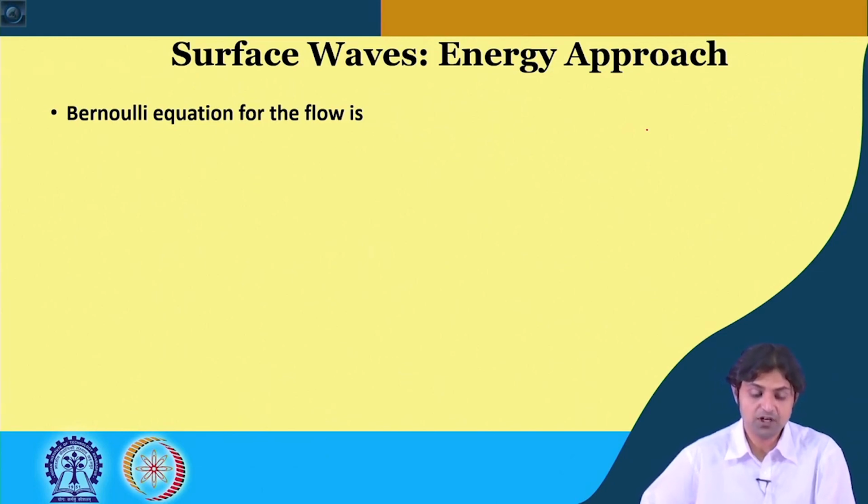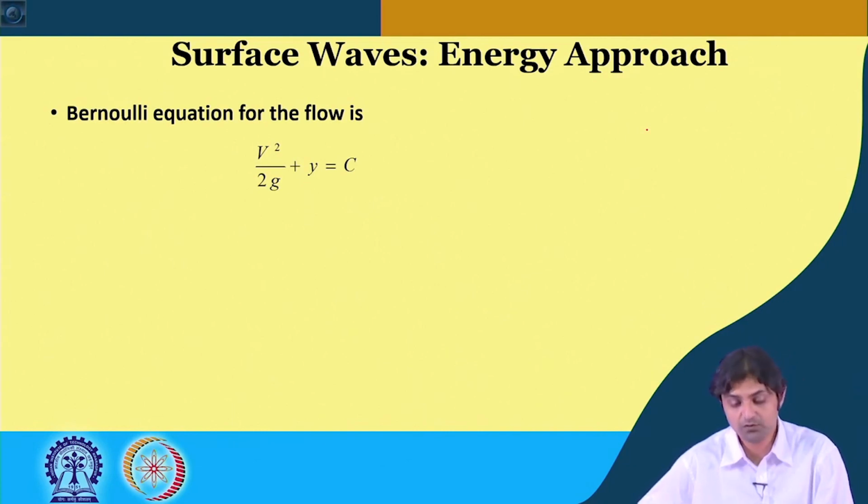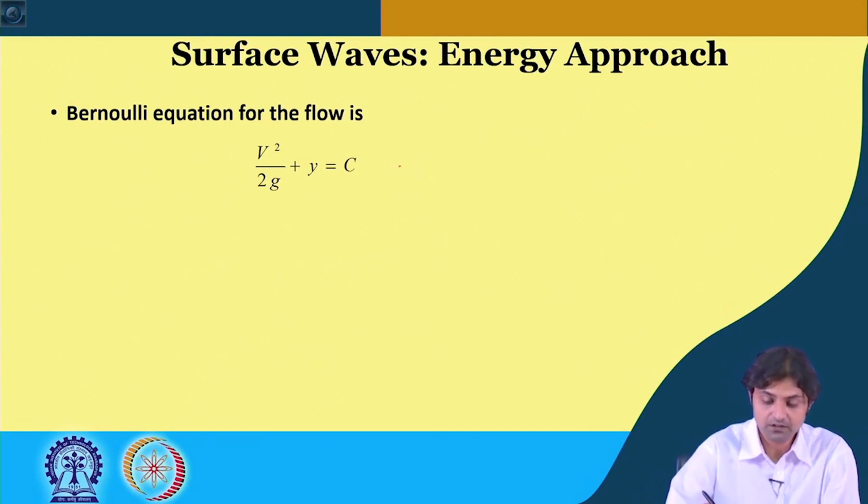Now, we apply the Bernoulli's equation for the flow. Bernoulli's equation says that because the pressure is constant, the pressure term will vanish. So, it will become V square by 2g plus y is equal to constant. All right. This is Bernoulli's equation.